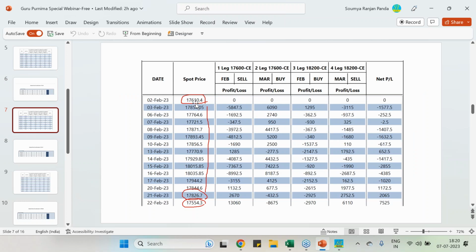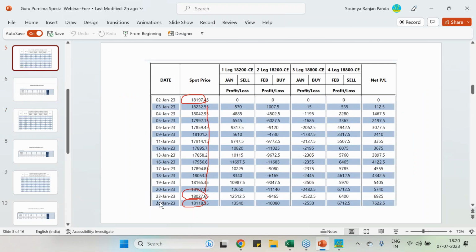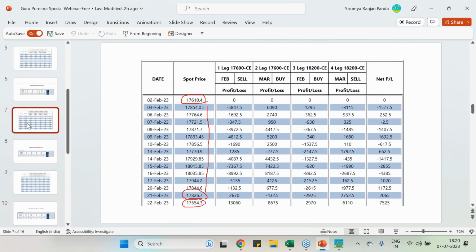there was a correction, the toughest correction. So till 24th January it was 18,118. But on February 2nd we are entering at 17,600, near a 500 point correction. Then there is a slight up move, a 300 to 400 point up move.